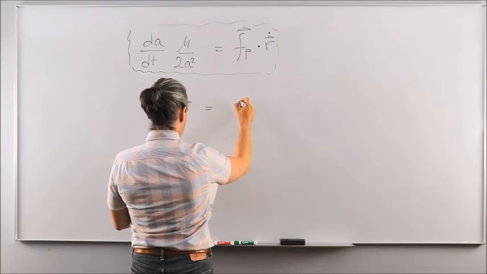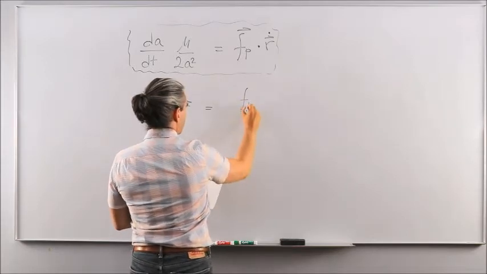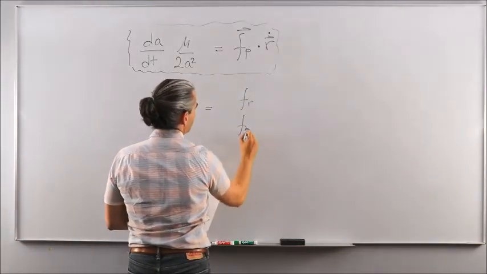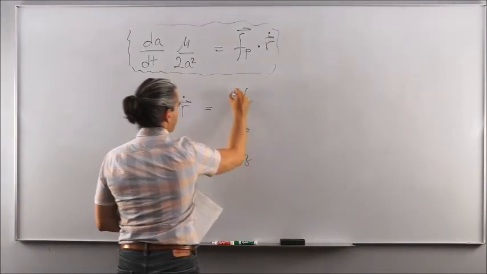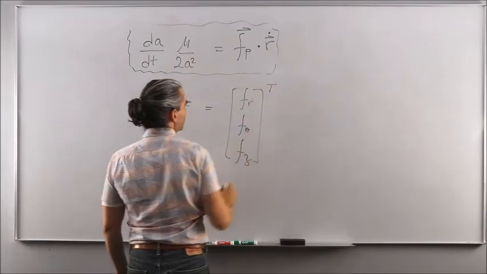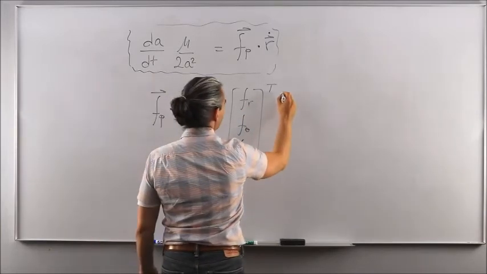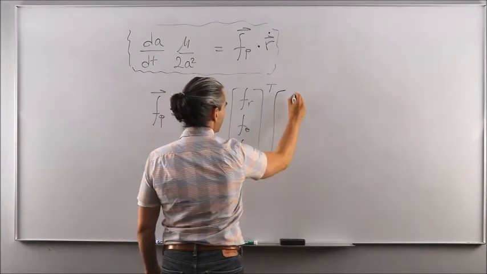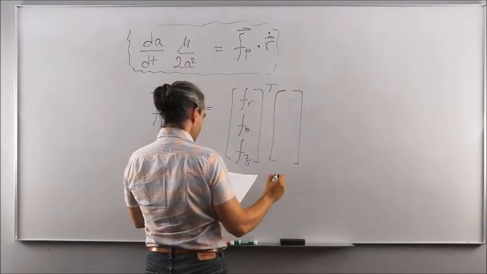So I'm going to write, this is f_r, f_theta, and f_z. Those are the x, y, z components of the first vector transposed, and then the components of the second vector.